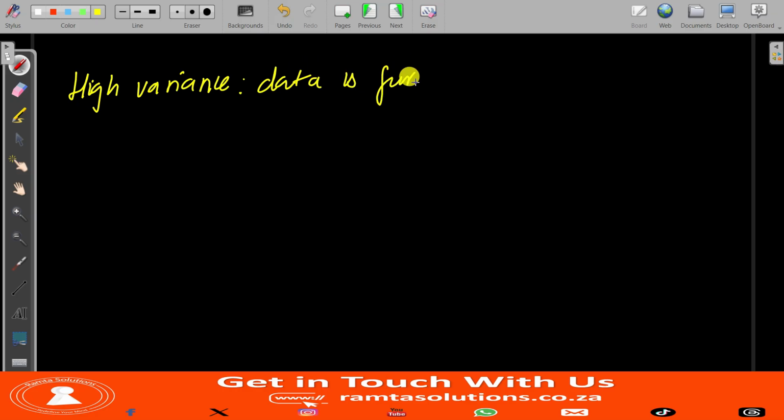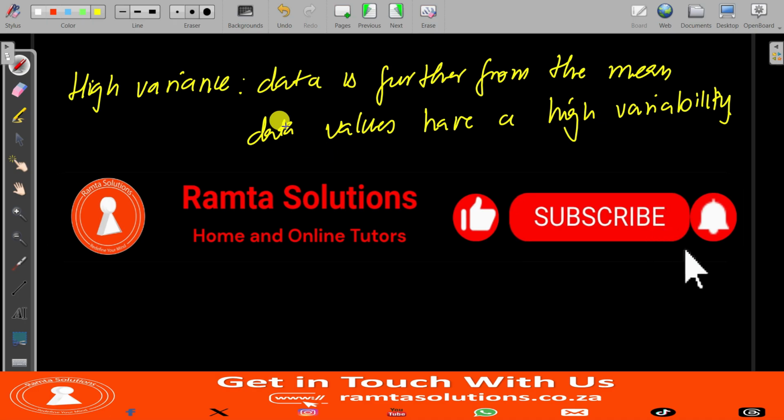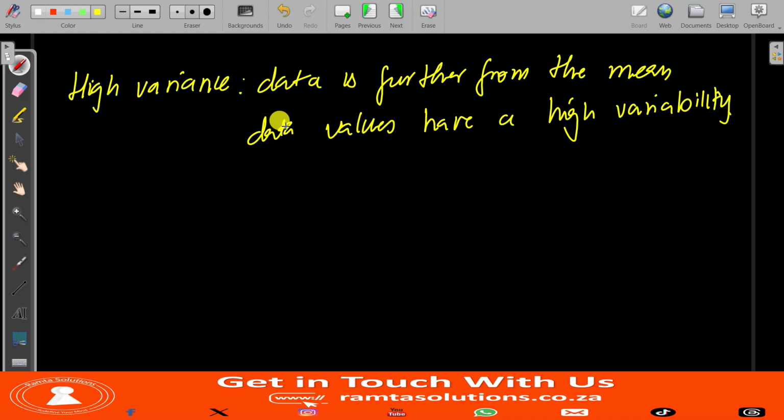This means the data values have a high variability. They are so different. That means these data points are widely apart, in other words.